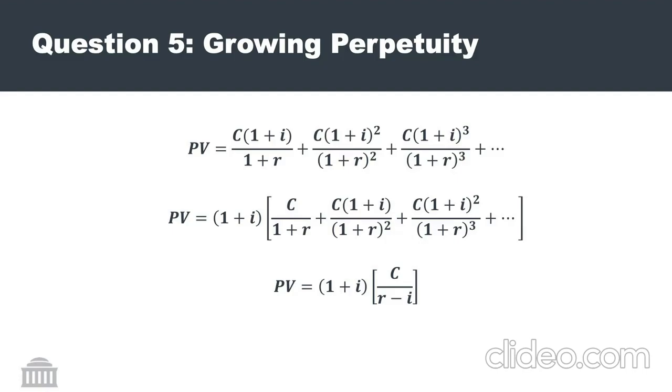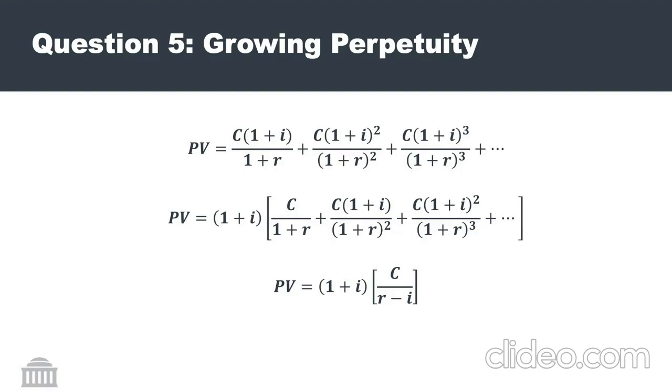Present value equals 1 plus I multiplied by C divided by 1 plus R plus C multiplied by 1 plus I divided by 1 plus R squared, and so forth. The expression inside large brackets looks just like a regular perpetuity. Hence, its present value is just C divided by R minus I, and therefore the present value of our stream is 1 plus I multiplied by C divided by R minus I.